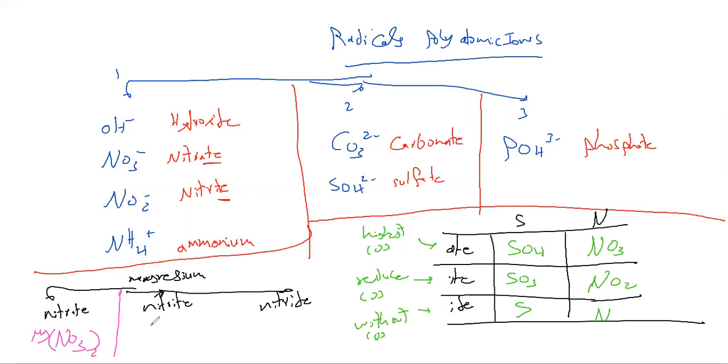Magnesium nitrite will be Mg(NO2)2. For magnesium nitride, it will be Mg3N2. Why is it Mg 3 and N 2? Because Mg is 2 and N is 3, cross them, so it will be Mg3N2. This is magnesium nitrate, magnesium nitrite, magnesium nitride.